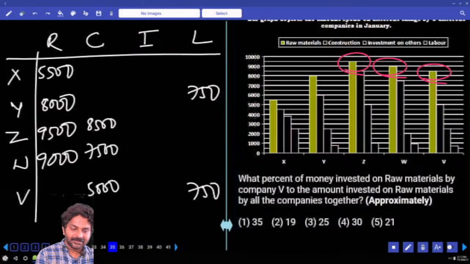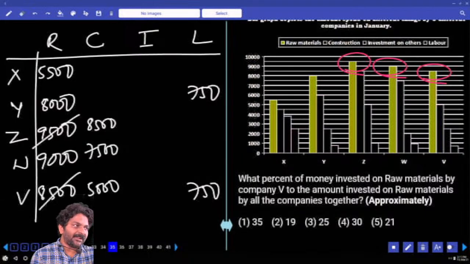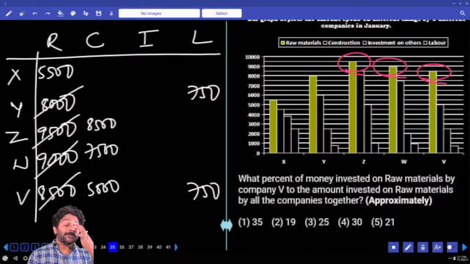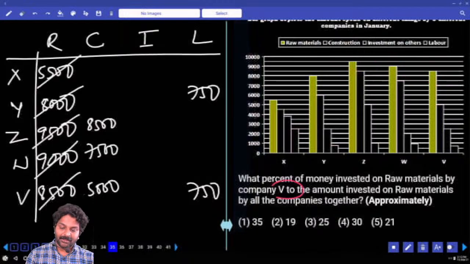Next, 8,000. 500 added to this number. Can I treat both the numbers as 9,000, 9,000? This is also 9,000. So far, 27,000 plus 8,000, 35,000 plus 5,500, 40,500.